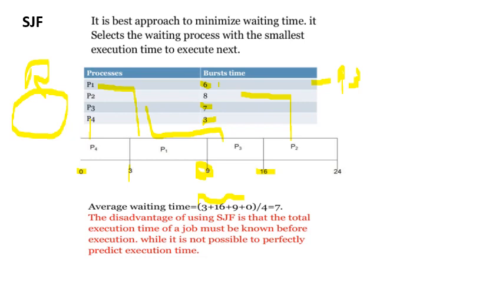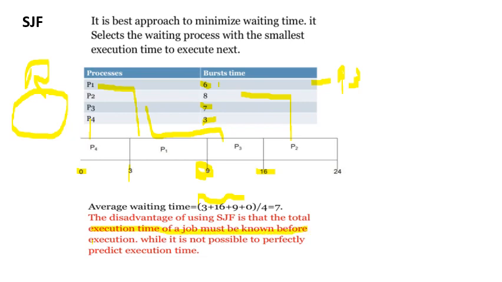The main disadvantage, as you can read here, is that if a programmer wants to implement the SJF algorithm, the execution time of the job should be known before the execution.